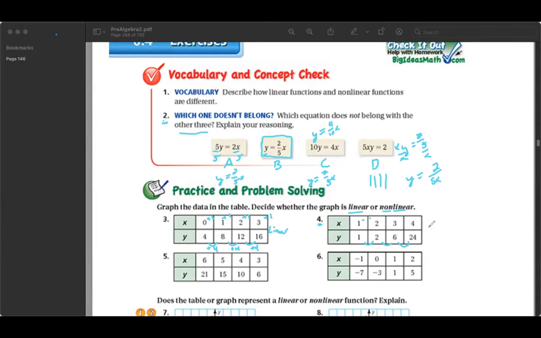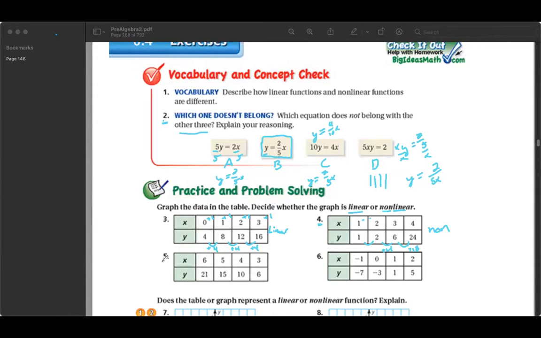Non-linear, because first when x is going up, y is also going up 1, but after the third one, it starts going like +3, and then it goes all the way to +24. Perfect. Exactly right.